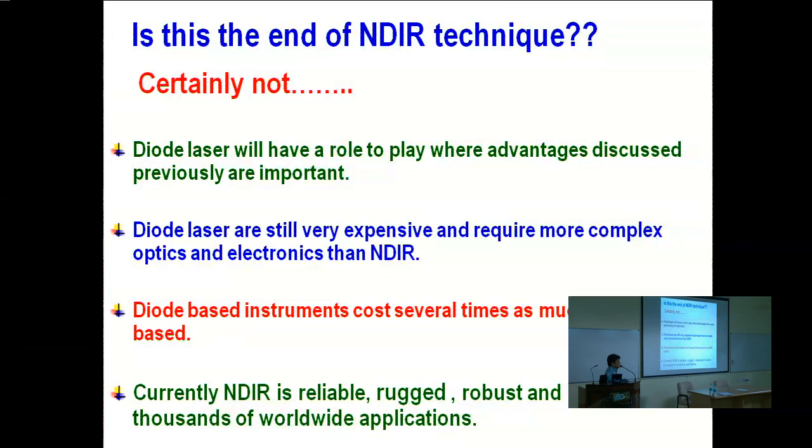The price of that type of instrument is very high, so for emission measurement only, we cannot afford that kind of money. For emission studies, we can use NDIR. It is very cheap and reliable worldwide.